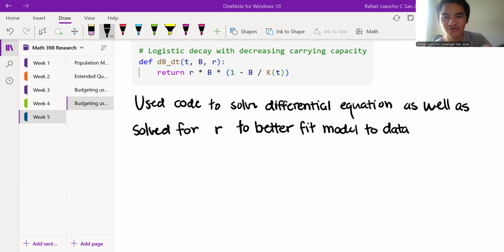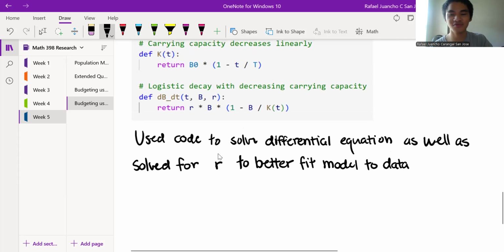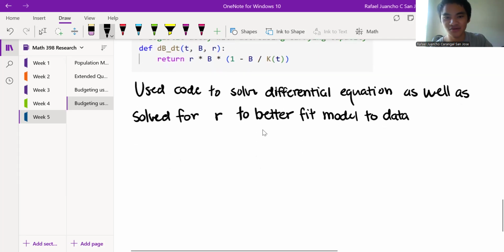So I actually did it in reverse. I solved the model first, or I made code to solve the model first, and then that's when I solved for R. So I'm also getting a bit used to the coding stuff. I haven't done coding in a while. So I used code to solve the differential equation as well as solve for R to better fit the model to the data. Yeah, that makes sense.